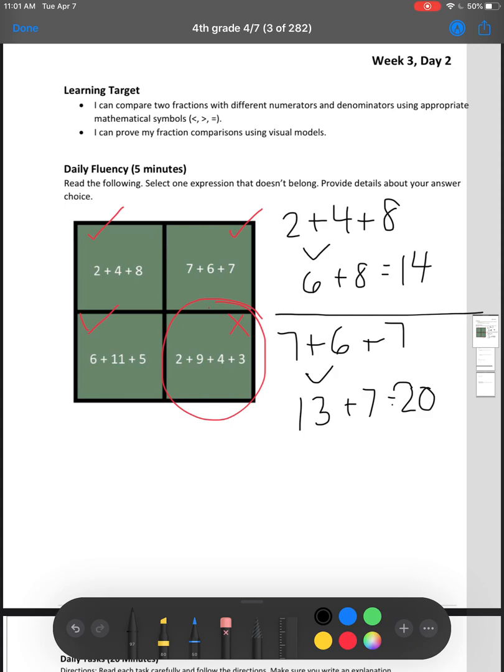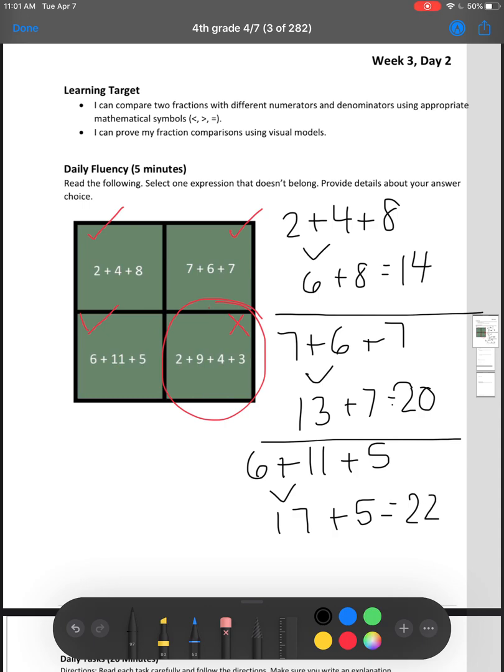Then you could keep going: now we have 6 plus 11 plus 5. This gives us 17, and 17 plus 5 is 22. Then we have 2 plus 9 plus 4 plus 3.